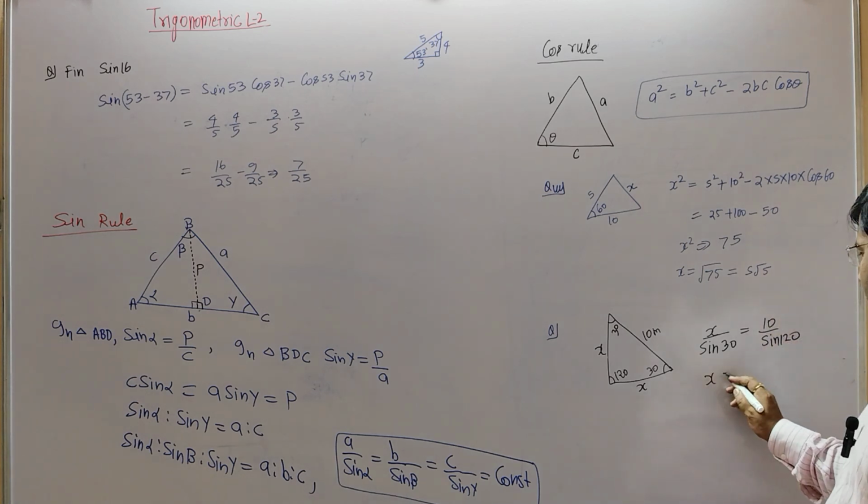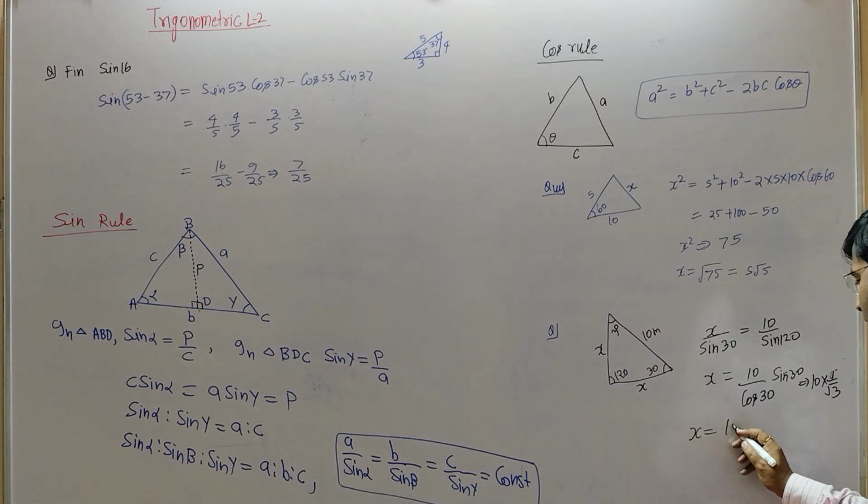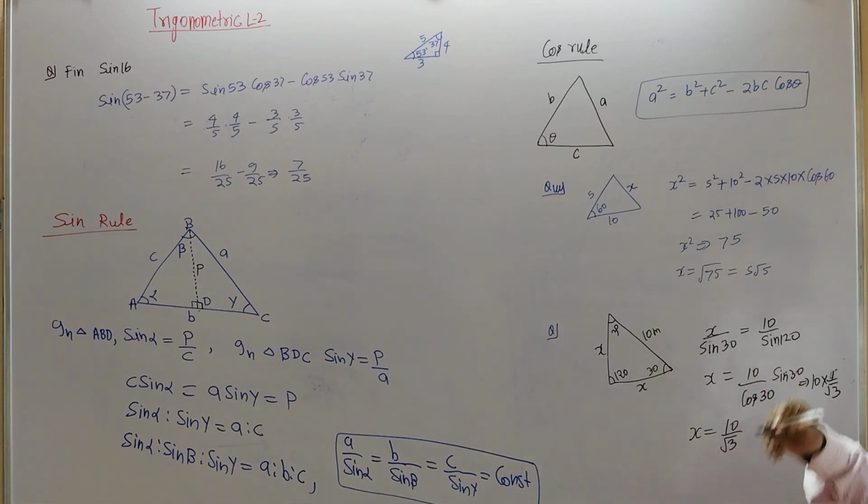So x will be 10 upon sine 120 times sine 30. For a higher angle, 90 plus theta, it will convert into cos, and 120 is in the second quadrant, so positive. So sine 120 is cos 30, which is root 3 by 2, and sine 30 is 1 by 2. So we get x equal to 10 upon root 3. This is how we can use sine.